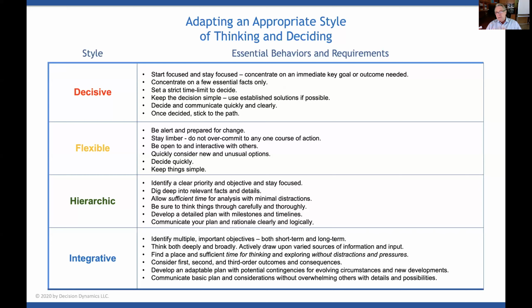Communicate your plan and the considerations that you took into account to other people, but be careful not to overwhelm other people with too many details and other possibilities. Stick to the basic facts. You need to communicate your considerations broadly, but don't get lost in a lot of details and other considerations.